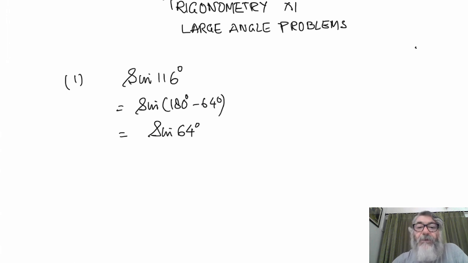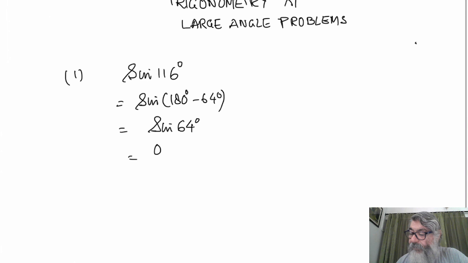Now he is not asking you to leave it here, but to calculate in decimals using the tables. So if you look into the table for the value of sine 64, sine 64 is 0.8988.